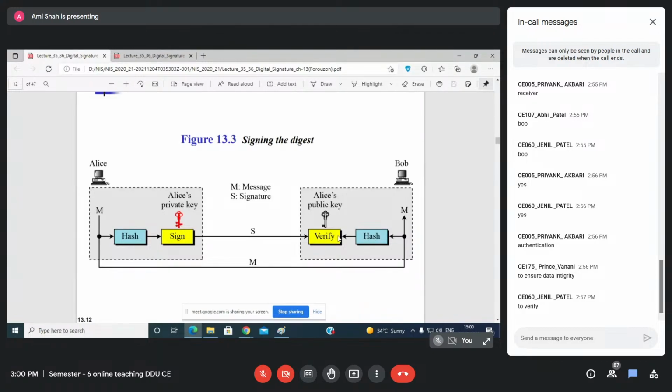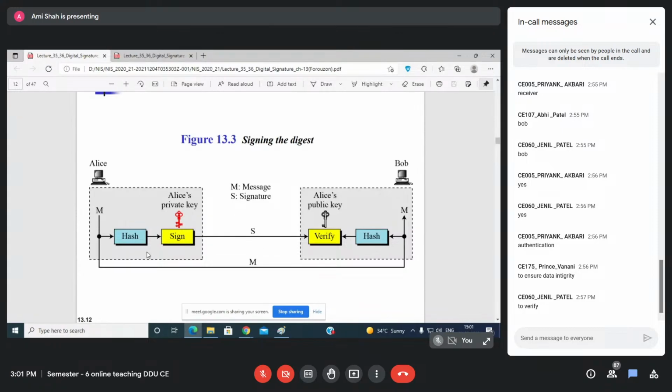Both hash codes are compared, and that means the message is not modified, so the integrity is achieved. Also, since Alice's private key is used, two things are achieved: authentication, and integrity.